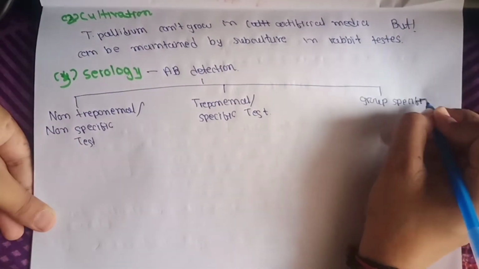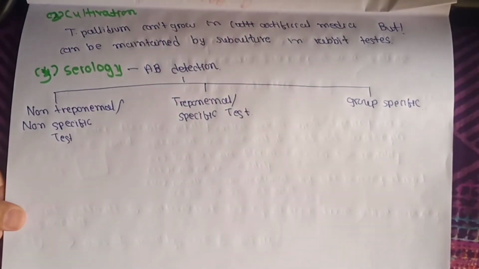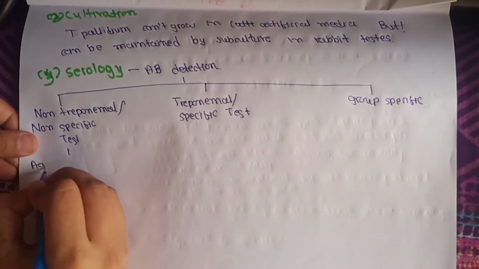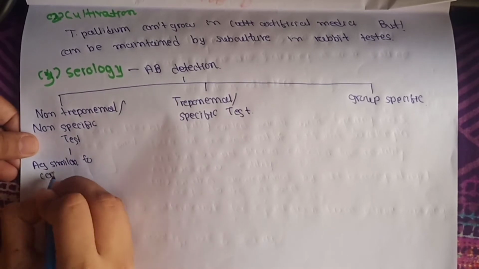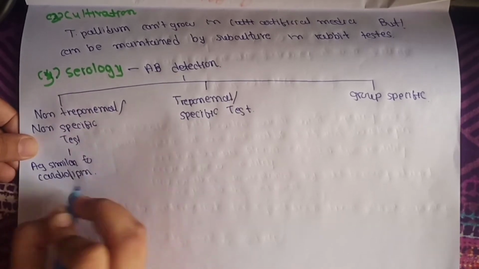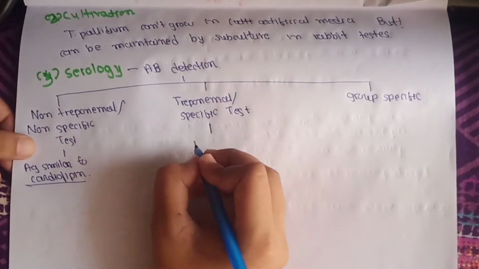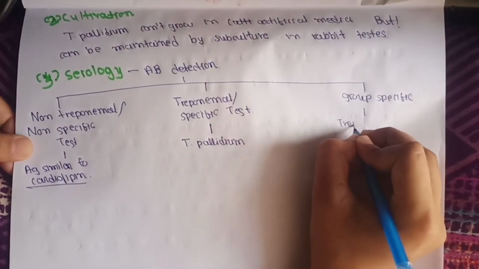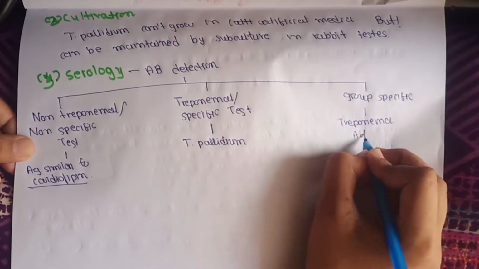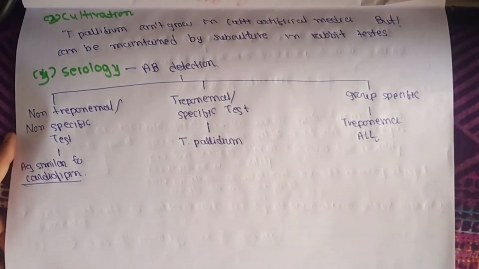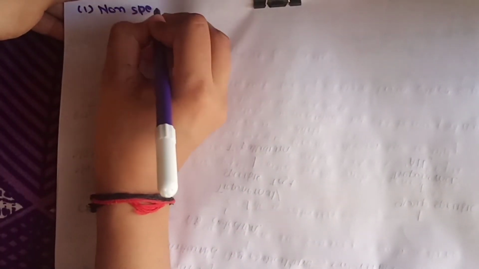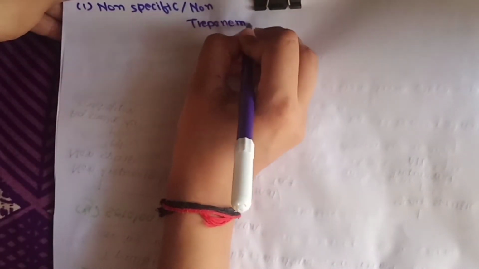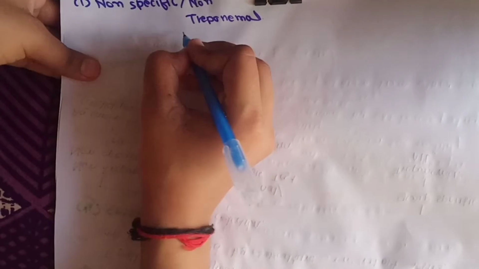In the non-treponemal or non-specific test, cardiolipin is used, and cardiolipin is used because its structure is similar to the antigen present in Treponema species. The treponemal test is sensitive to T. pallidum and the group-specific test is sensitive to all the Treponema. Let's start with the first, non-specific or non-treponemal.